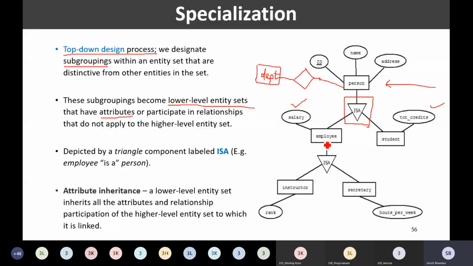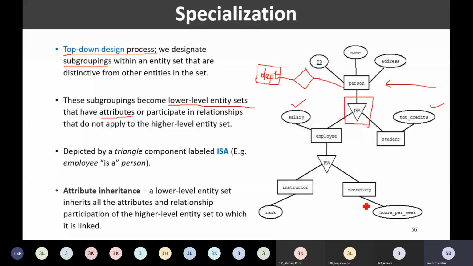Along with that, instructor is inheriting the attributes from employee, and in turn the attributes of person. And similar is the case for secretary. So whichever are the lower level entity sets, they have their own attributes, and also all the attributes inherited from their upper level or higher level entity sets.